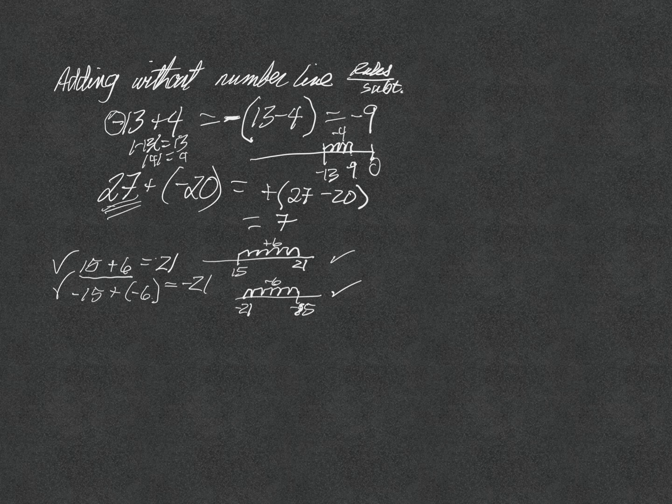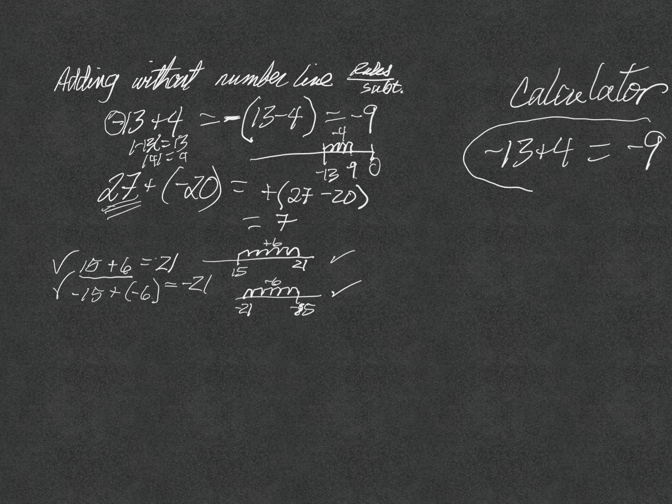I want to talk about calculator usage. You guys all have a calculator. If you type into the calculator negative 13 plus 4, so you can write the answer negative 9, then you are not helping yourself to really learn how to do this.